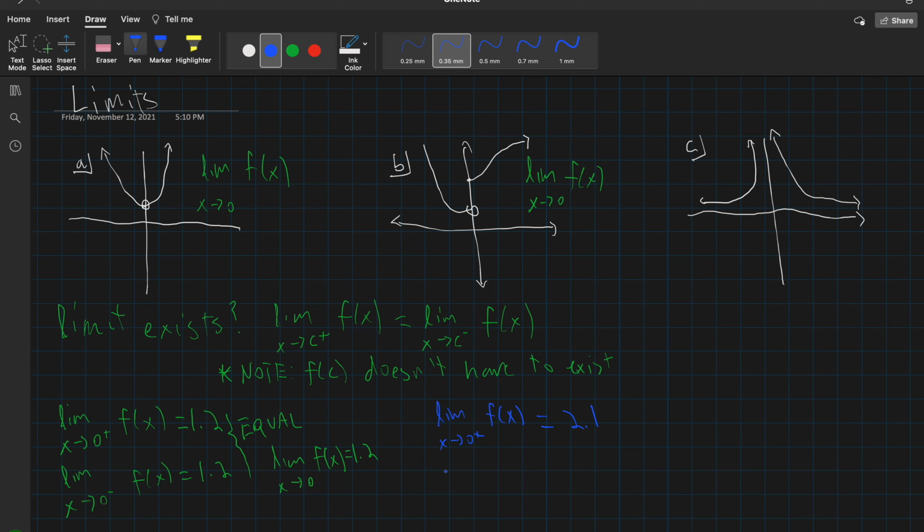This should be from the right. And then the limit as x approaches 0 from the left of f of x is equal to, let's call that 1.